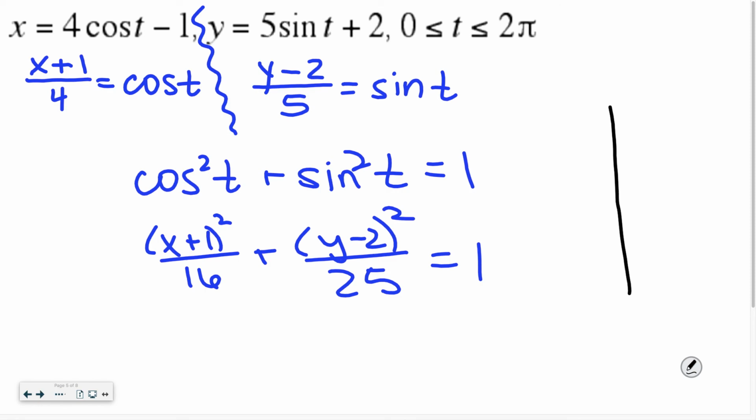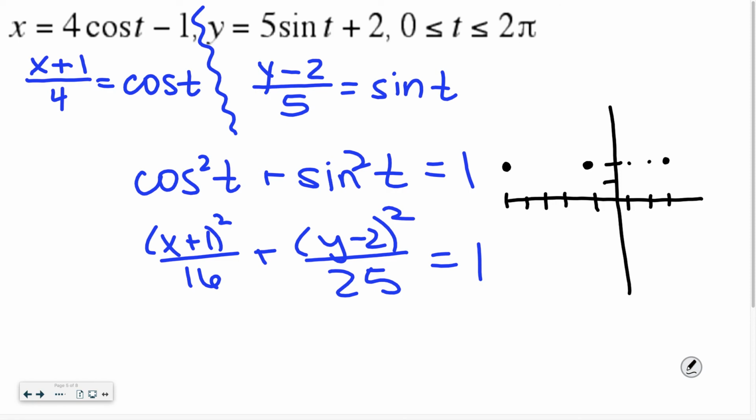where's the center? -1, 2. Horizontally, how wide is it? 4 on one side, 4 on the other side. Because this is 16, we would go 1, 2, 3, 4, and 1, 2, 3, 4.